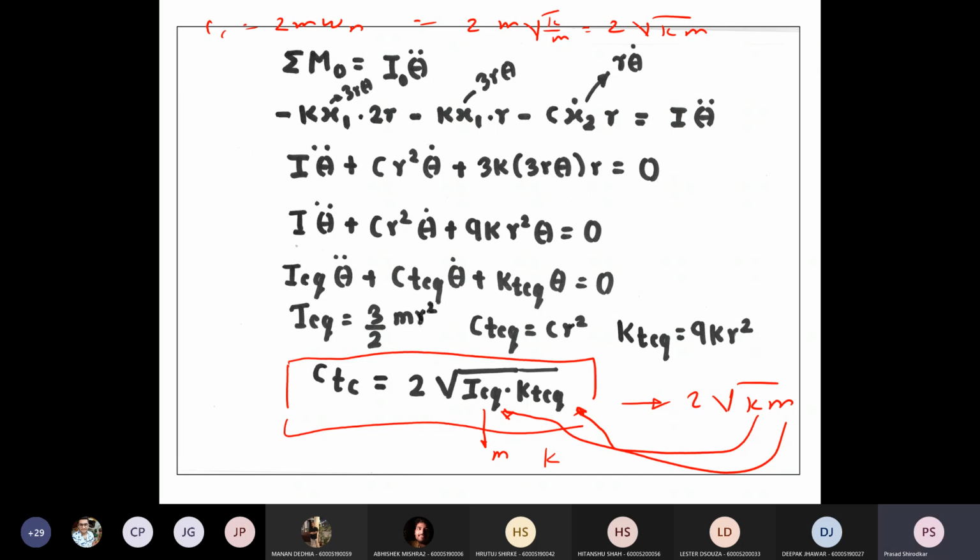Substitute the values of I equivalent and k torsional equivalent and tell me the answer.